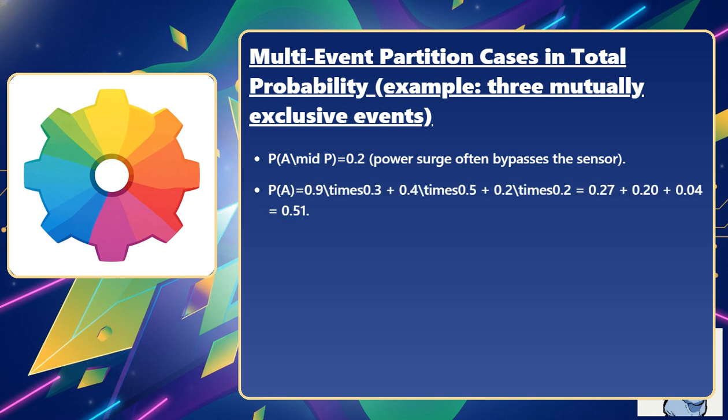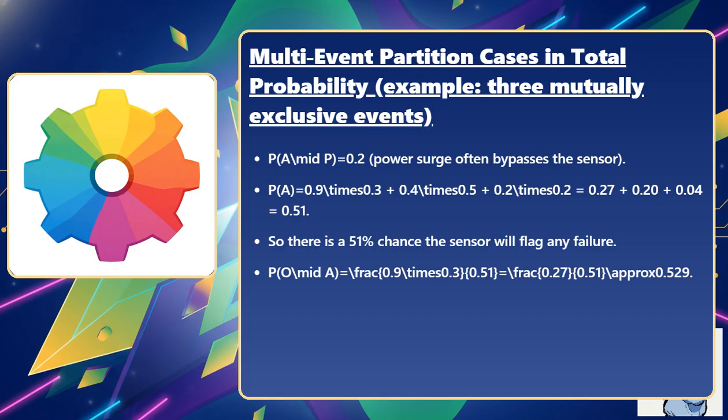P(A) equals 0.9 times 0.3 plus 0.4 times 0.5 plus 0.2 times 0.2, equals 0.27 plus 0.20 plus 0.04, equals 0.51. So there is a 51% chance the sensor will flag any failure.